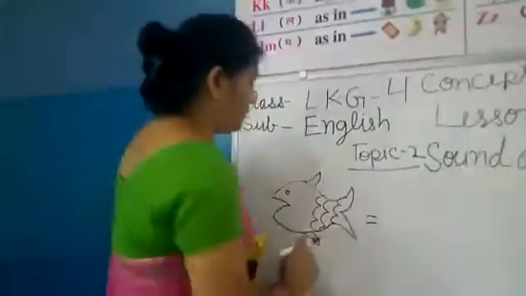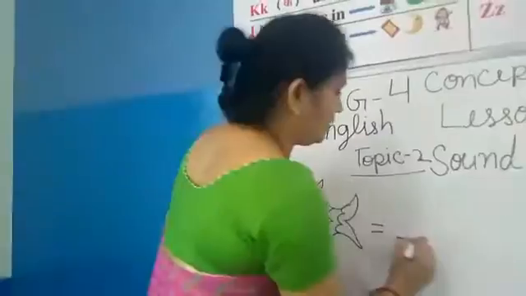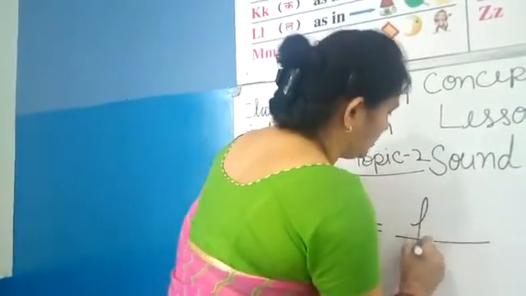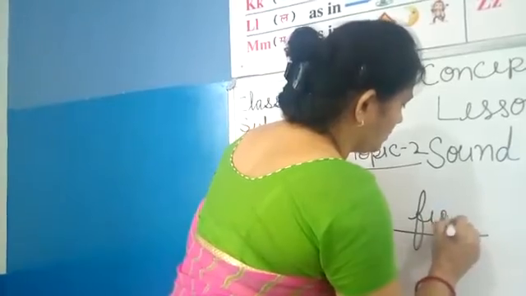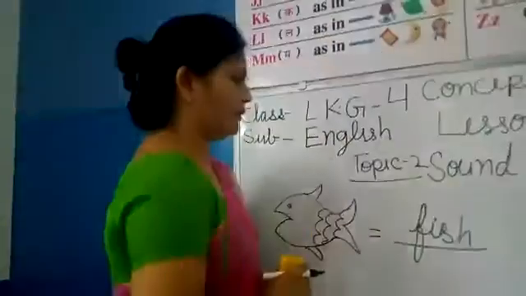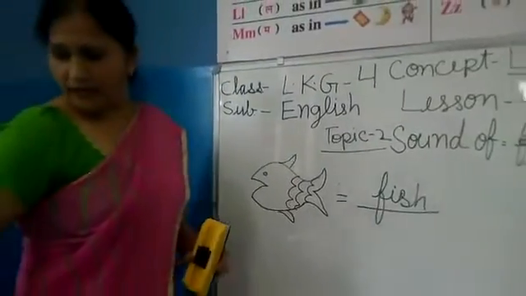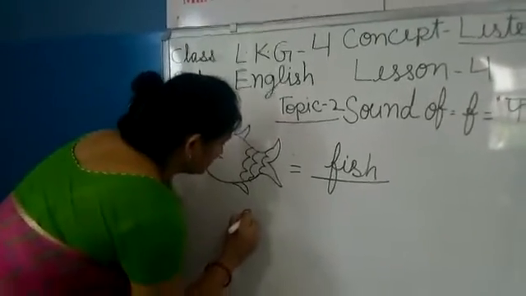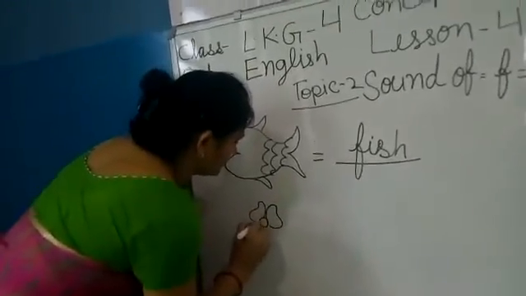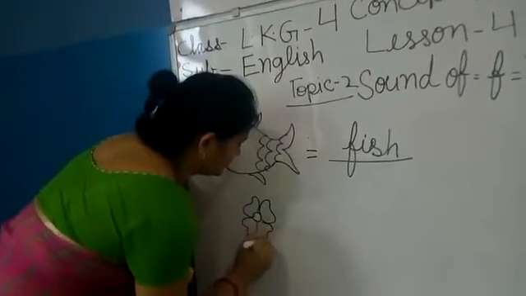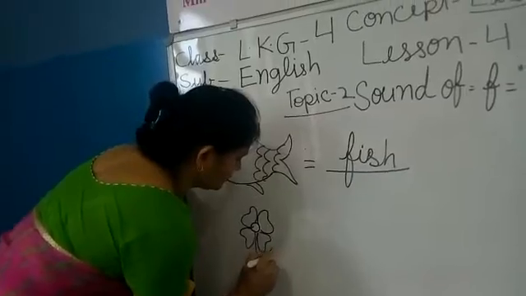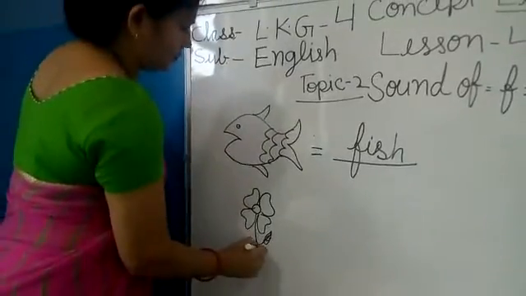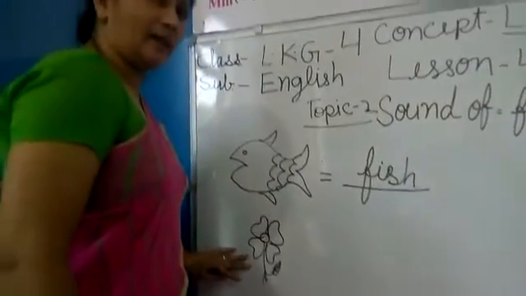Write here fish. Next, who is this picture, children?